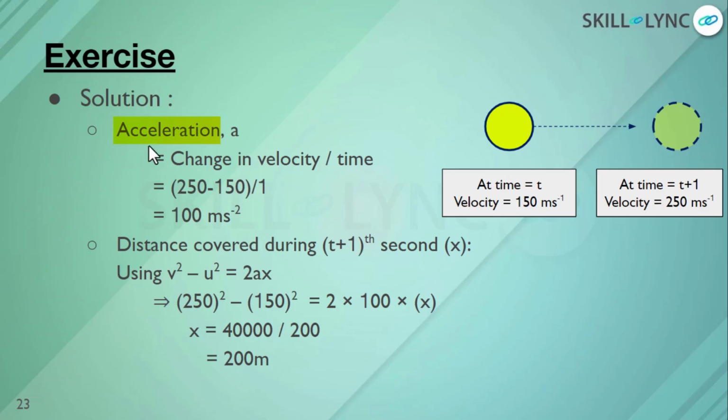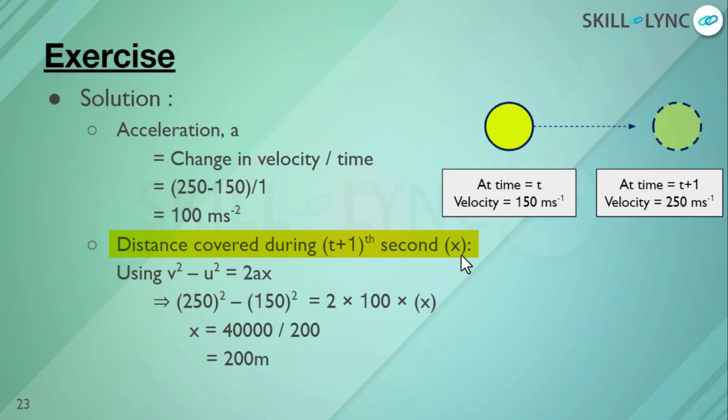Thus, acceleration can be written as 250 minus 150 divided by 1, which is equal to 100 meter per second square. This is the answer of the acceleration, the first part of the question.